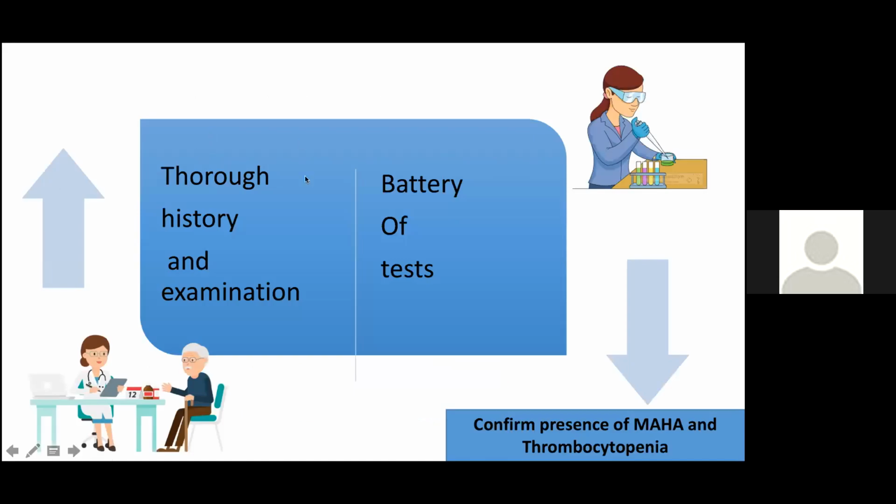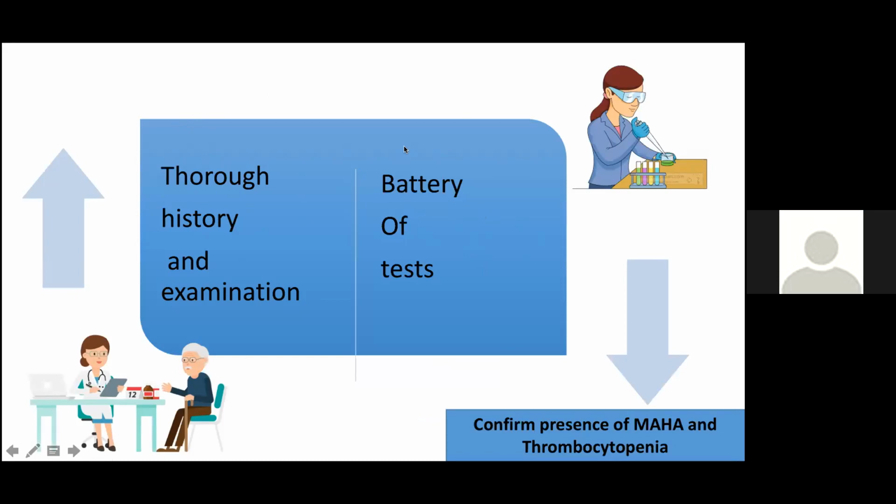Right. All you have to do is a thorough history and examination. The more time you use for this, the fewer tests you will have to order. At the end of the history and examination, you have to order blood tests.